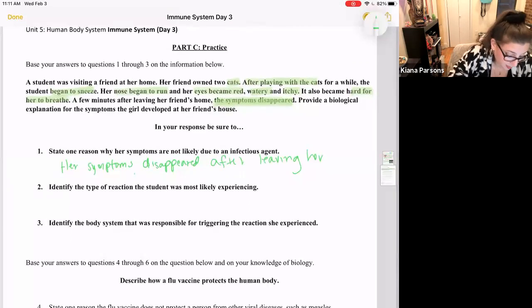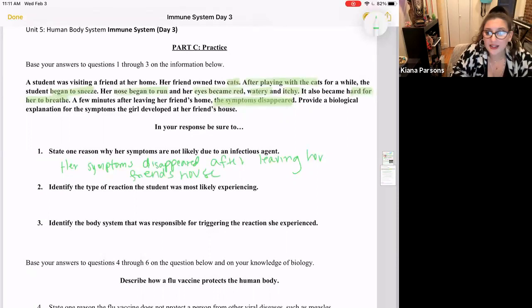So if she, for example, had the flu or a cold, she would likely continue to feel sick, right? But in this case, her symptoms disappeared. What could have caused these symptoms? Identify the type of reaction the student was most likely experiencing.